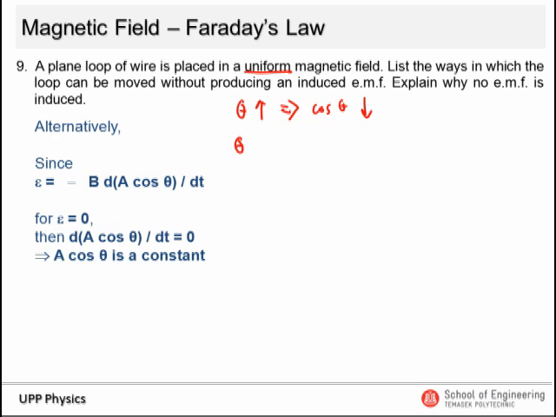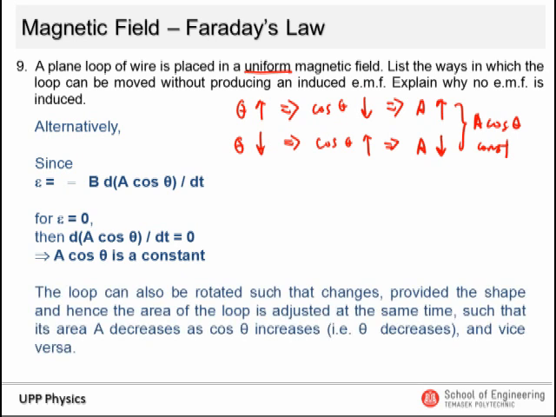And if the angle theta decreases, this will mean cosine theta will increase. Now, when cosine theta decreases, this will mean that our area A will have to increase. Conversely, if the cosine theta increases, then the area has to decrease. Why is this so? Because we want A cosine theta to be constant. And for that to occur, when one variable increases, the other variable must decrease.